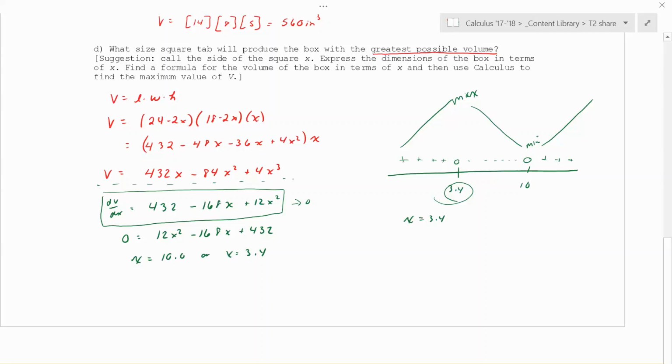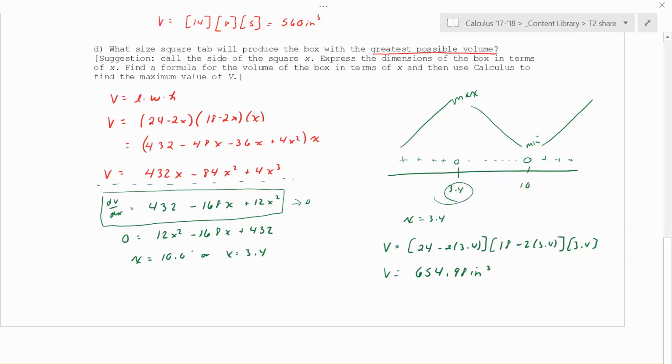And if I want to know the volume, I'm going to have the volume is 24 minus 2 times 3.4, because I'm cutting a square out on each side, and 10 minus 2 times 3.4 times 3.4 gives me a volume of 654.98 cubic inches.